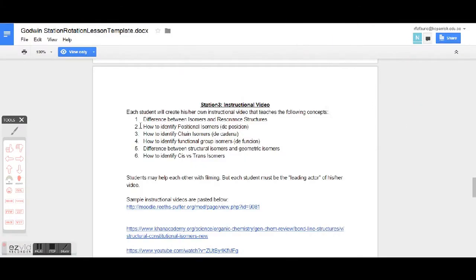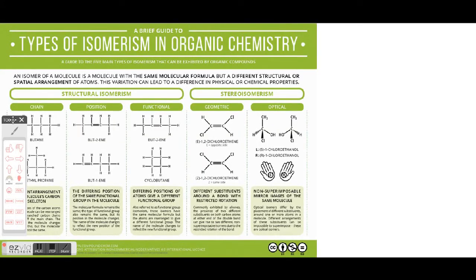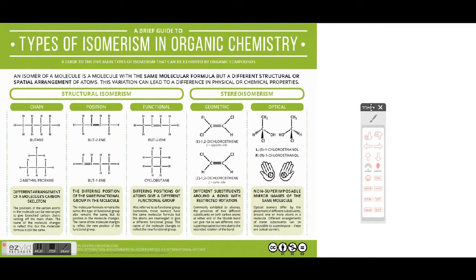Now we'll explain how to identify which is which. So now, first off, we have position isomers. You know that it is an isomer because they are similar, but the double bond changes position.